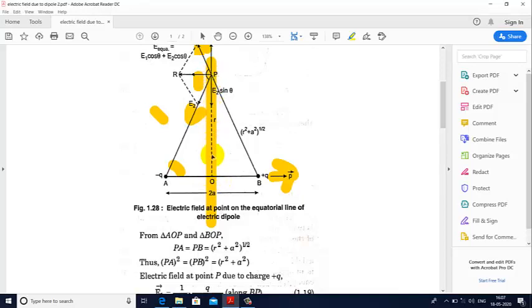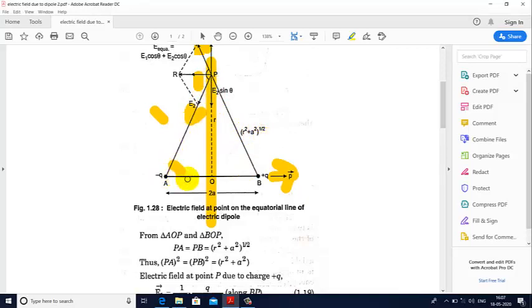Let the point P be at a distance r from this point O, and the point B is at a distance a, and the point A is at a distance a from this O. So this distance is r, this distance is a, and this distance is a. In this triangle, if we use the Pythagoras theorem, then this distance BP is equal to the square root of r squared plus a squared.